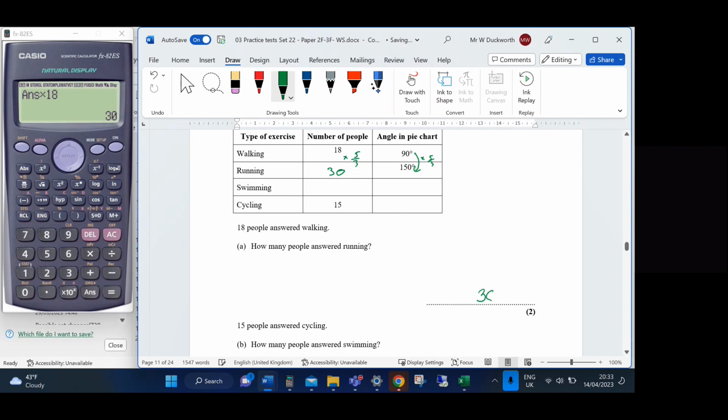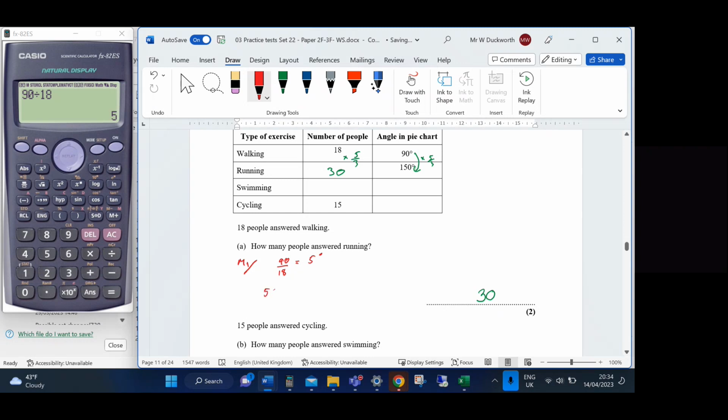There is a longer way. I'll do that as well, just to show you. So secondly, I could have said, well, if 18 people represent 90 degrees, then each person is going to be worth 90 divided by 18, which is 5 degrees.